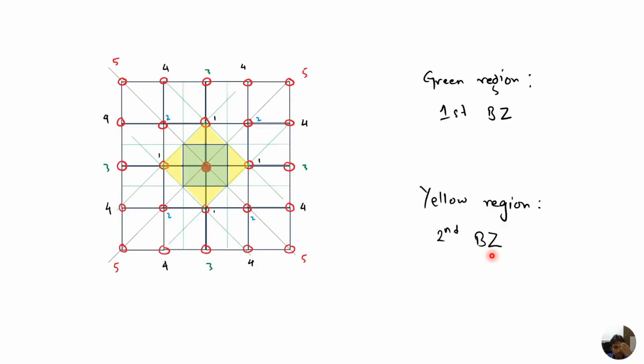So for example, this is an example of a square lattice we have taken. Let us identify the first Brillouin zone and the second Brillouin zone. We have taken this point as our origin, and from here we are going to construct the Bragg planes. How do we construct the Bragg plane? We draw lines to the other points.